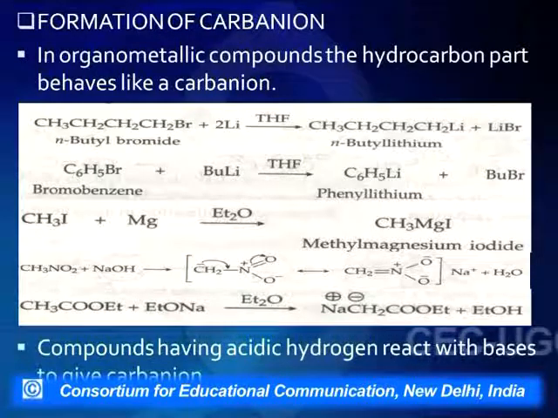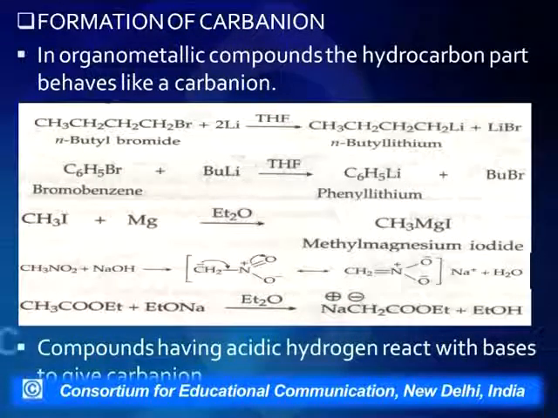Now, the next question, as we discussed earlier on when carbocations are formed: here again we will talk about when carbanions are formed. So, carbanions are formed when we have an organometallic compound.